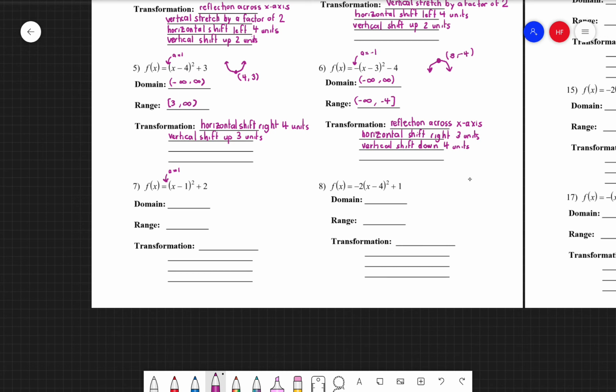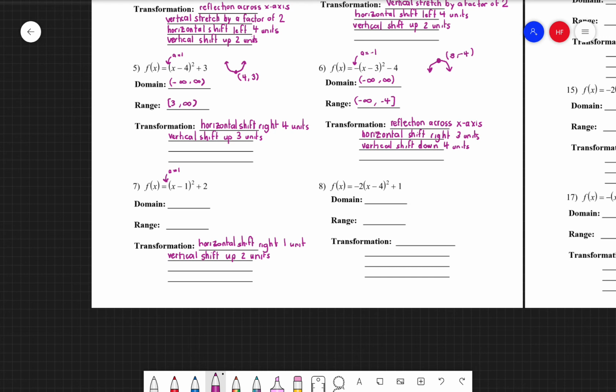The first one is that minus 1, so it's a horizontal shift, opposite direction, so right 1. And then that plus 2 as it is, so vertical shift up 2 units. And nothing else has changed from the parent function.